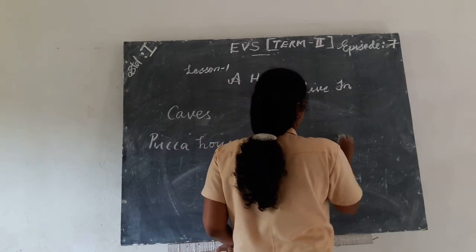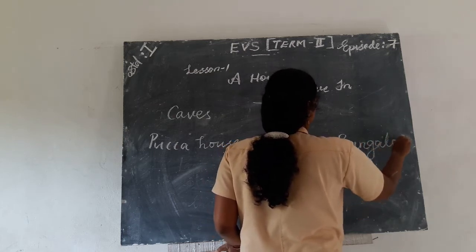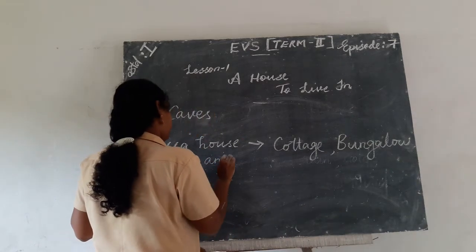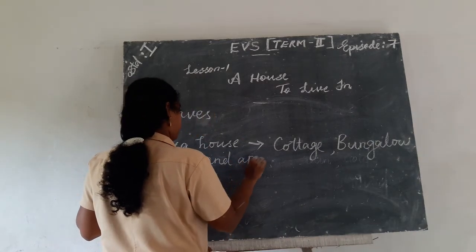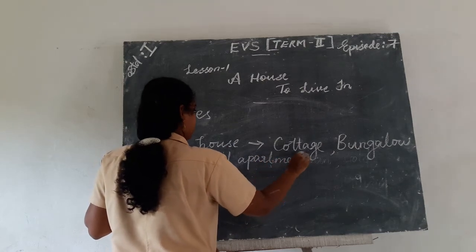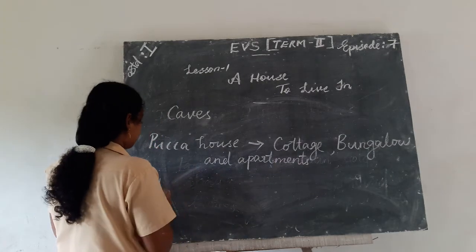Cottage, bungalow, and apartments are called pakka houses, then kacha house.